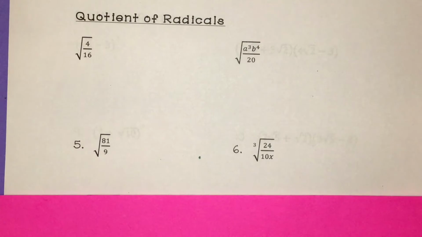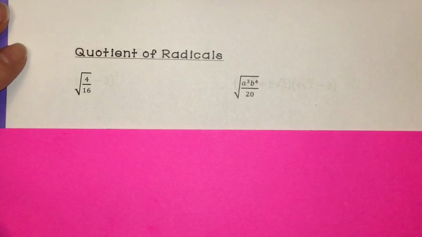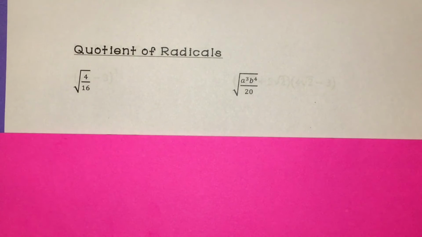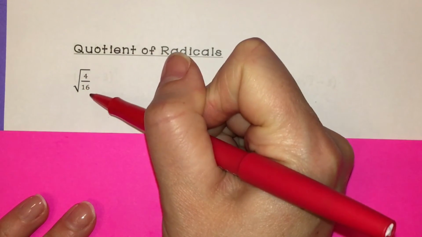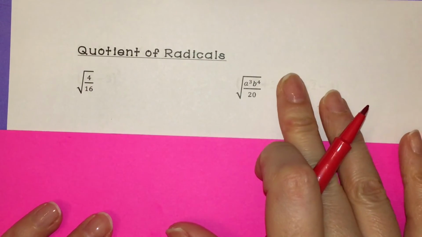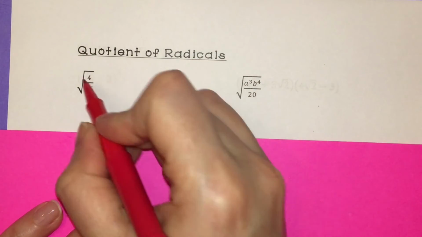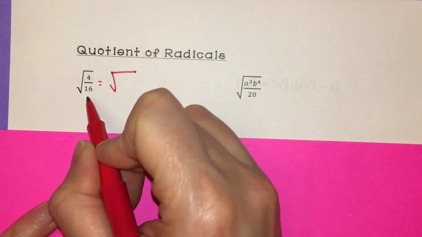Now we're going to do quotient of radicals. So the quotient is the answer to a division problem. So when you have a fraction or a quotient, this could be a division problem, underneath the square root sign. Well, this one, I can reduce my fraction. So this can be the square root of 4/16.